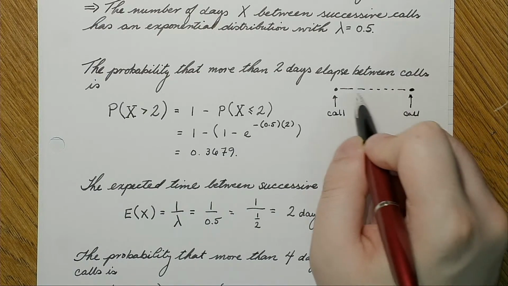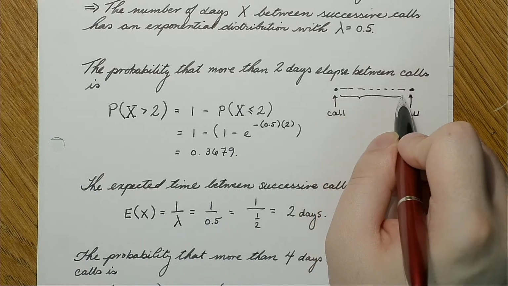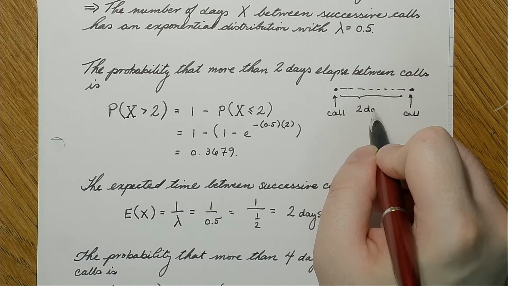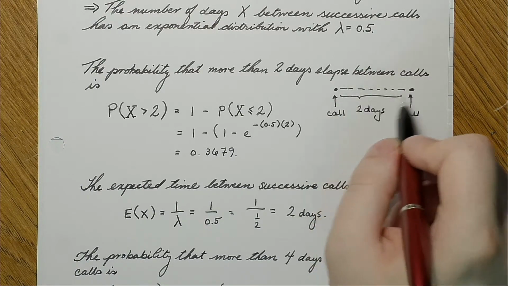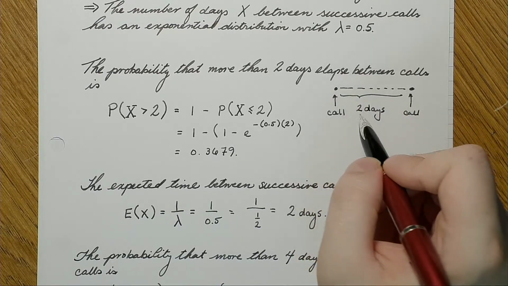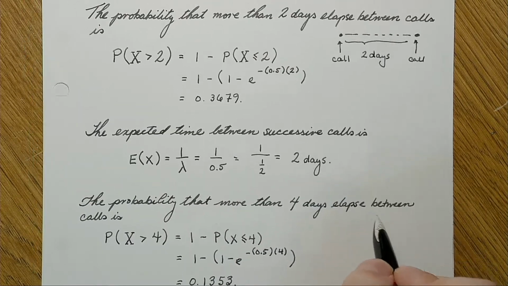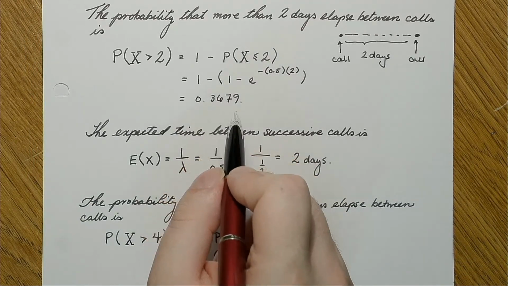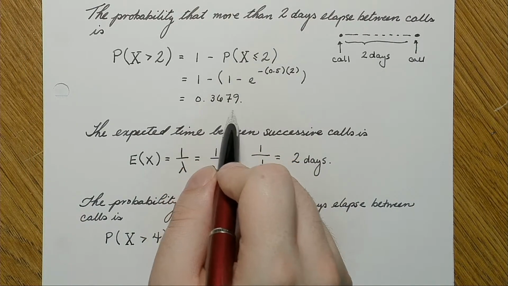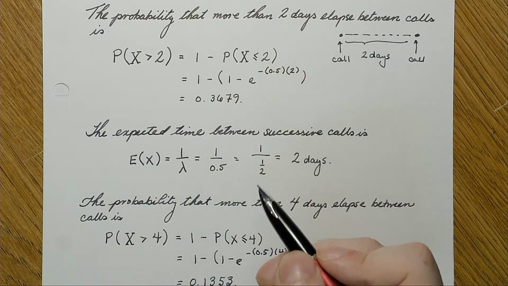This is 2 days. So we're saying more than 2 days. Over here is 4 days. So you can see that it's gradually decreasing. So again, we would expect a call to show up before then.